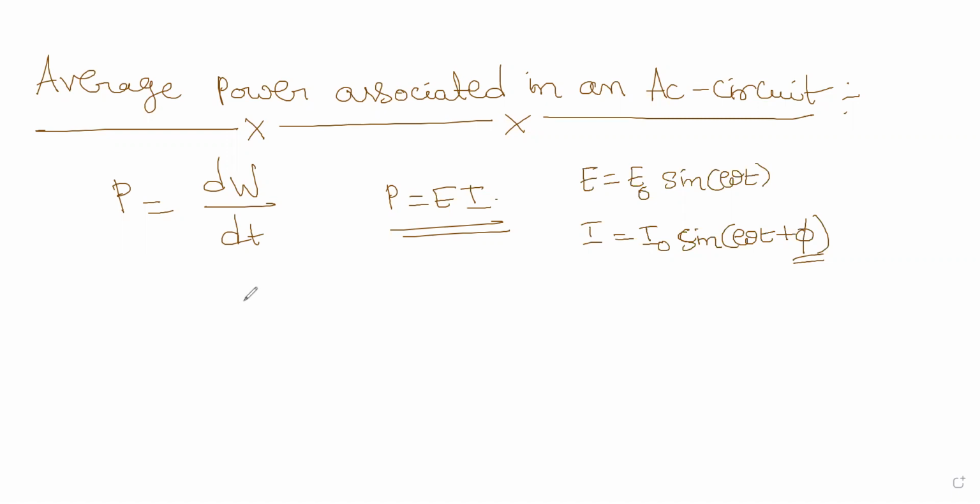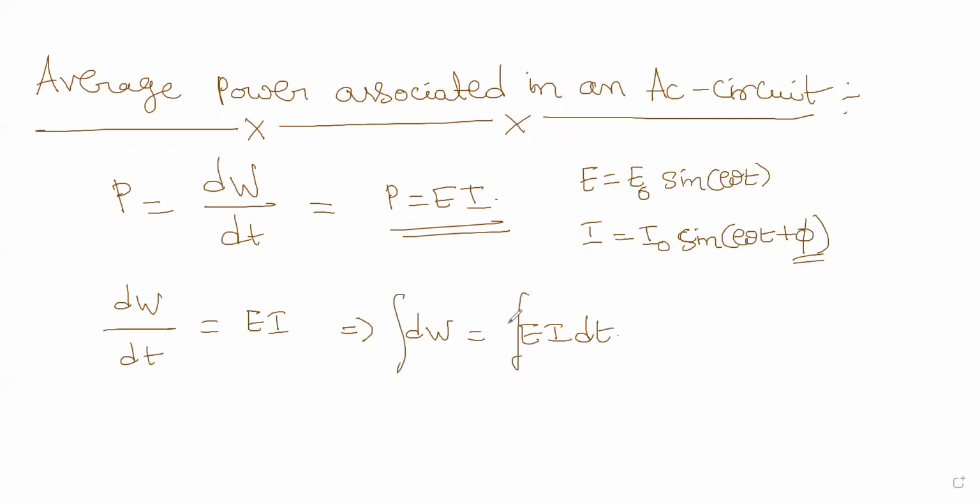Now we can substitute these things. dW by dt, what is W? Work done. So dW is equal to EI dt, and now we can integrate on either side over the full cycle, 0 to t.